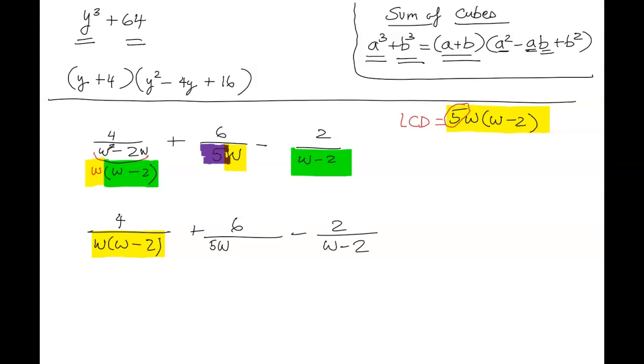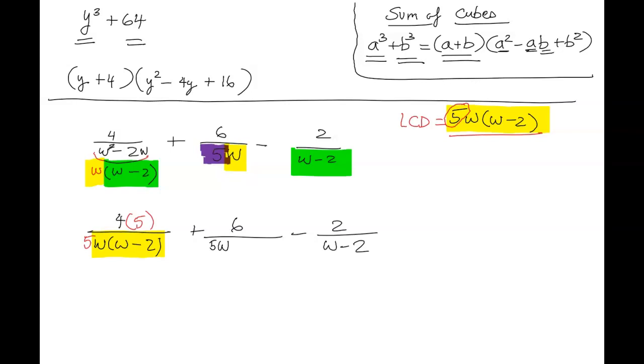So all I have to do to make it a denominator of 5w times w minus 2 is to include 5 in my denominator, but also I have to include 5 in my numerator. 4 times 5, that's going to give me my LCD. But to make it equivalent, I need to put a 5 on top as well. Okay?